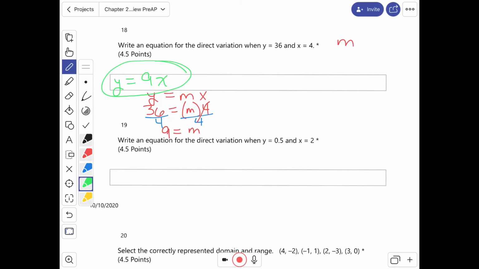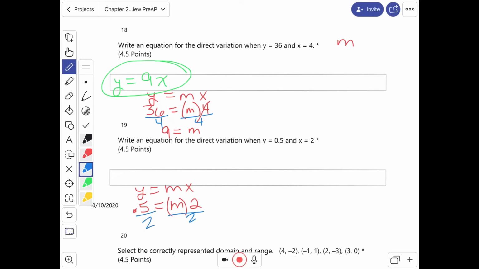Next question, write an equation for the direct variation when y equals 0.5 and x equals 2. Same type of question. You're going to plug in what you know, what they just told us into the equation, y equals m times x. So if y is 0.5, we don't know m, and x is 2.